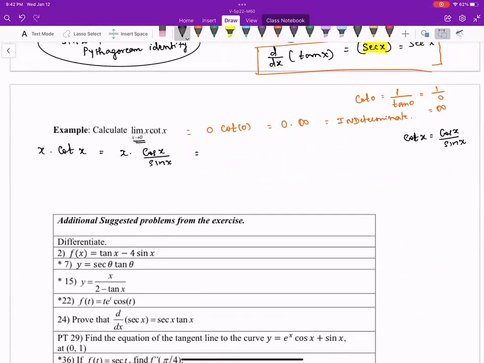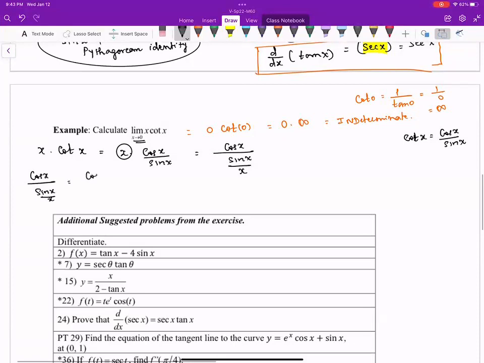So I have something like that here. I can write this as cosine x over sine x, and I can move this x and bring it to the denominator of the denominator. Let me make sure that it's okay. What is cosine x over sine x over x?